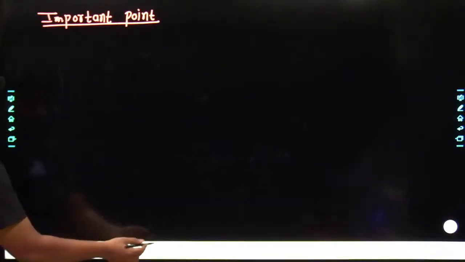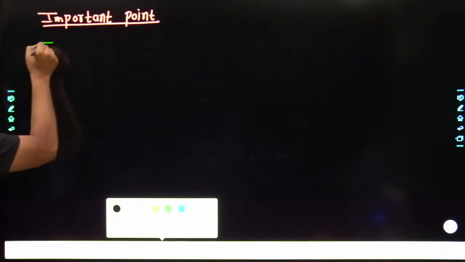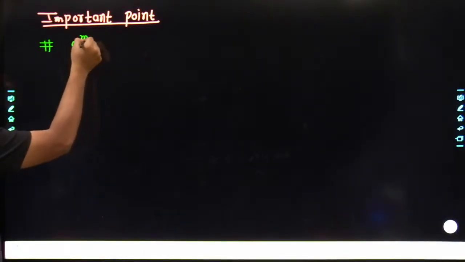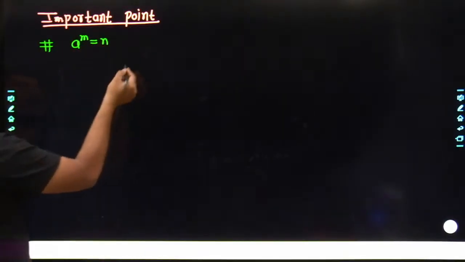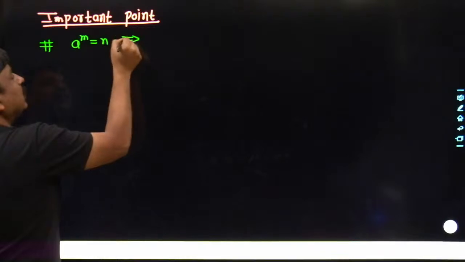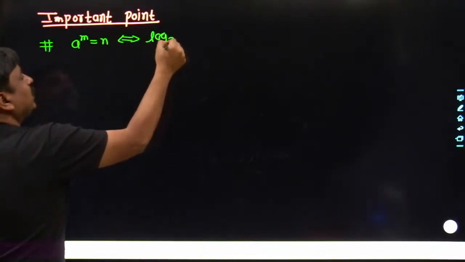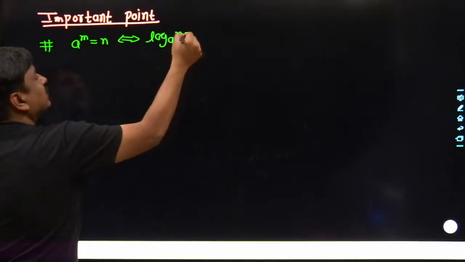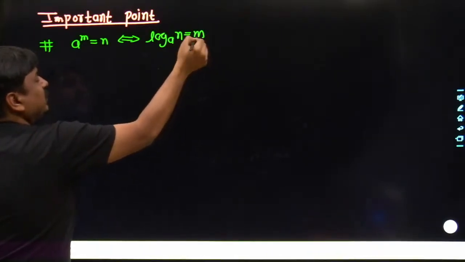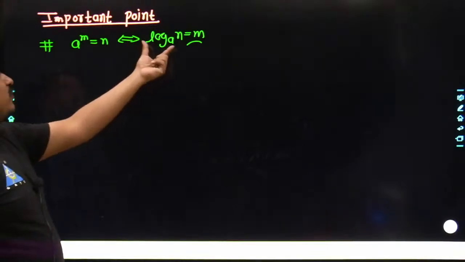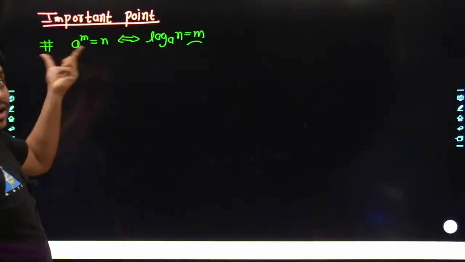What's going to be the first important point? Here goes the first important point. a to the power of m is equal to n can be written as log base a of n is equal to m. It's just a way to represent the same thing in two different formats, either in logarithmic format or in exponent format, the anti-logarithmic format.